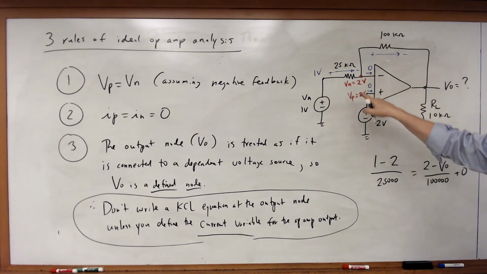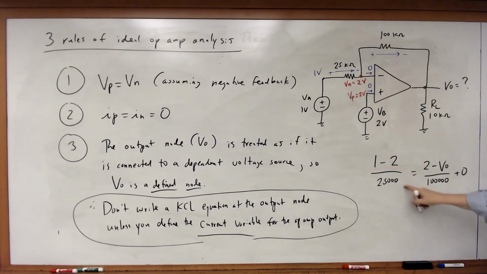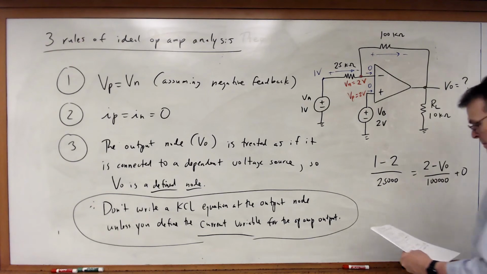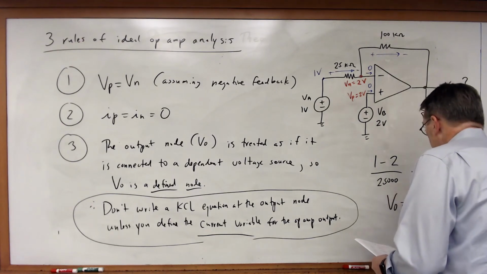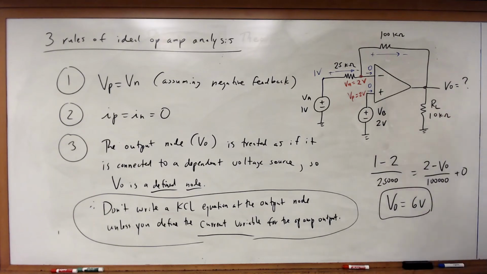That current's equal to 0. So this must be equal to that plus that. I have one KCL equation and only one unknown. And therefore, V sub O is equal to 6 volts. And there you go.